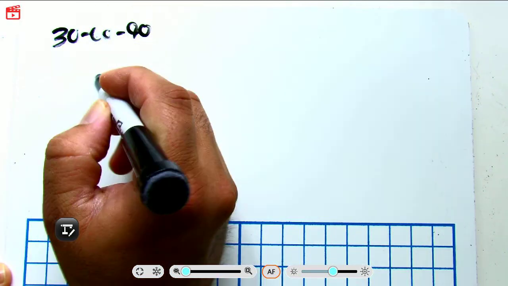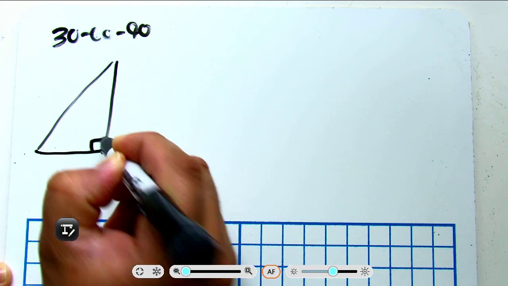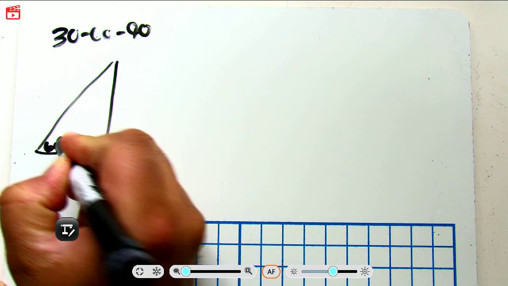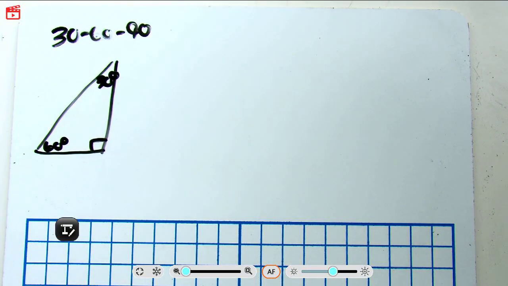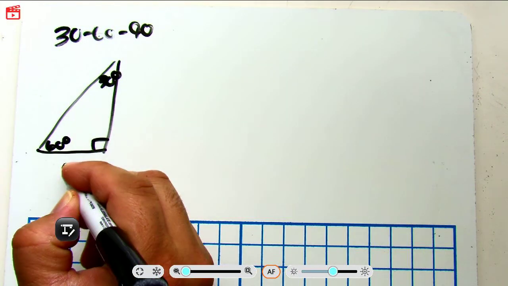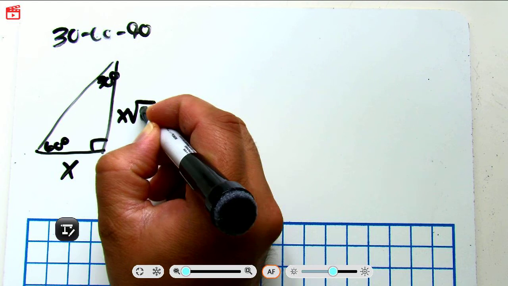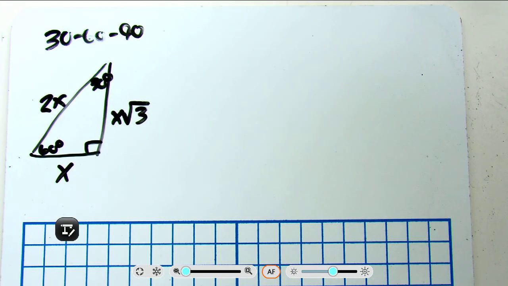So I have a right angle here. This is 60 degrees and this is 30 degrees. The short leg is x, the long leg is x square root 3, and the hypotenuse is 2x. And the first example is going to be given the short leg.